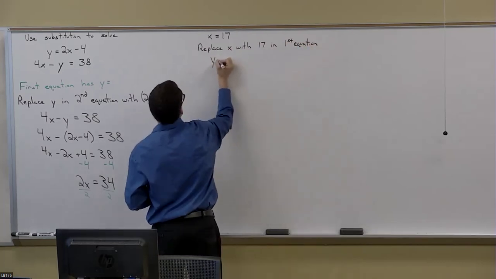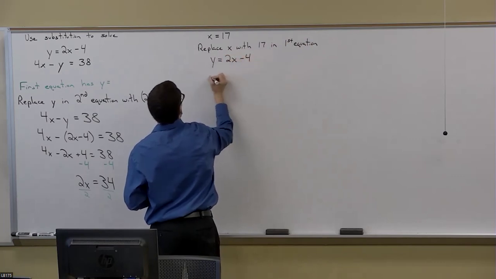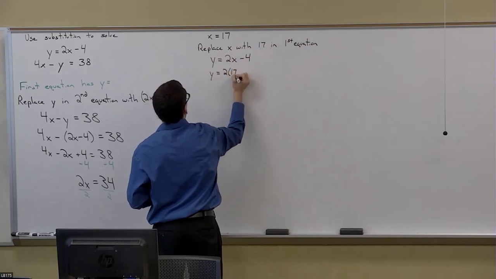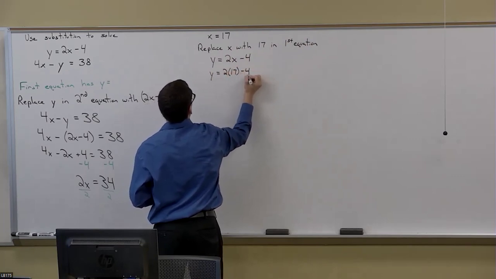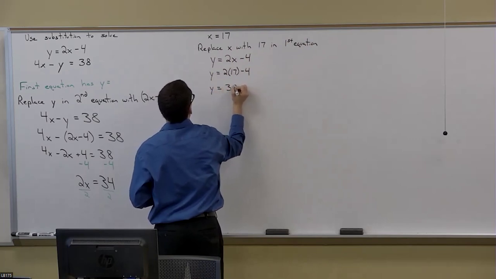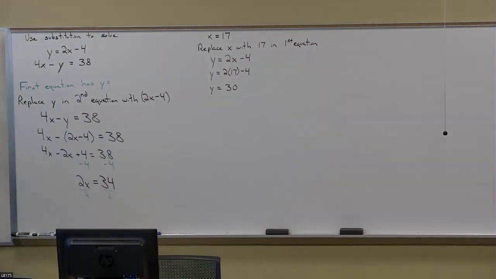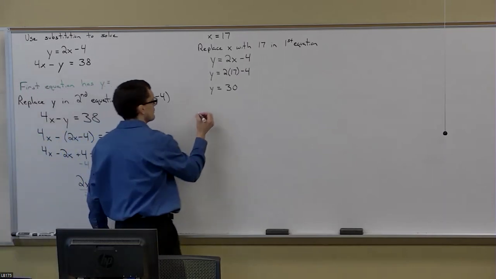So I take my first equation, and I believe I get 30. I'm trying to do that in my head, but I believe I get 30 there. And so that's my solution.